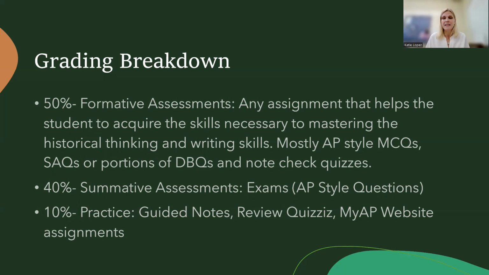Mostly these will be AP style multiple choice questions, short answer questions, or portions of DBQs. This also includes open note check quizzes. 40% of the grade will be summative assessments. Those are exams, which I'm going to model as close as possible to what your students will see on the AP exam.